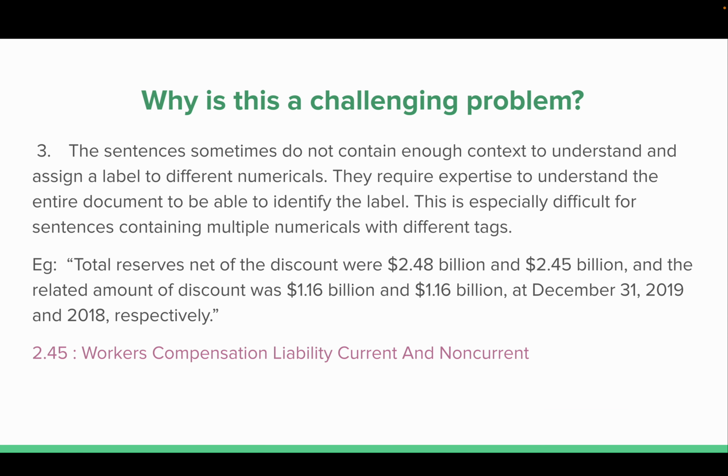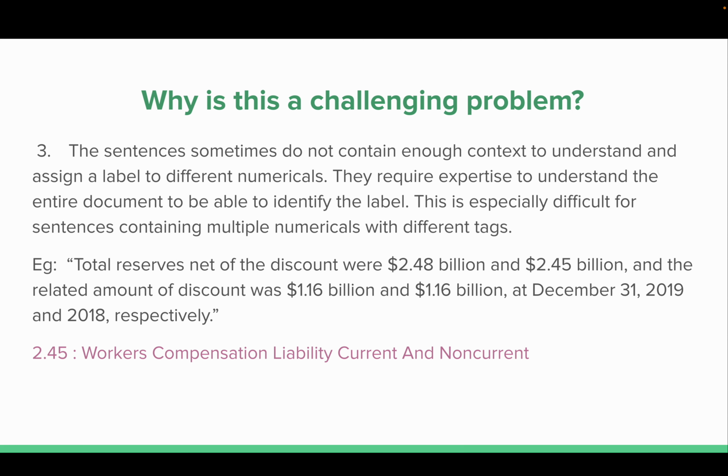Another reason is that the sentence sometimes does not contain enough context to assign a label to different numericals. So they require very expert annotators to understand. They require expert domain knowledge in order to identify the numeric and the tag properly. For example, look at this sentence.